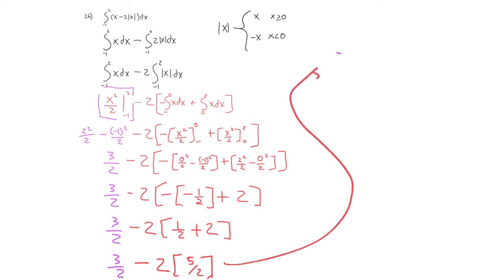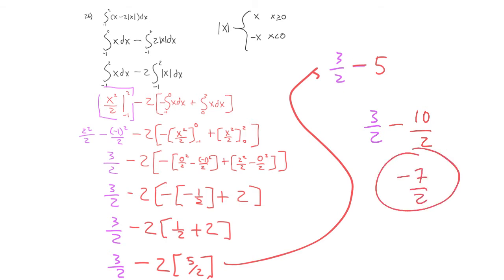We're going to have 3/2 minus what? 5. Minus 5. Now, what is 5? 5 is really 10/2, right? So it's really just 3/2 minus 10/2. And that's negative 7/2. That is the answer. That's how you do number 26.